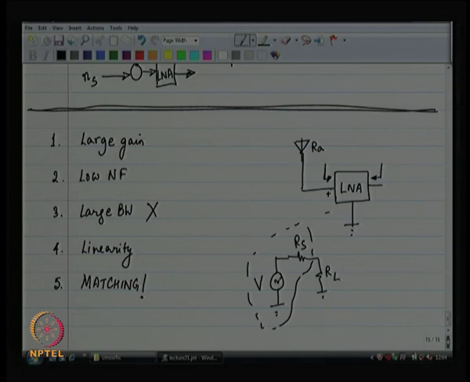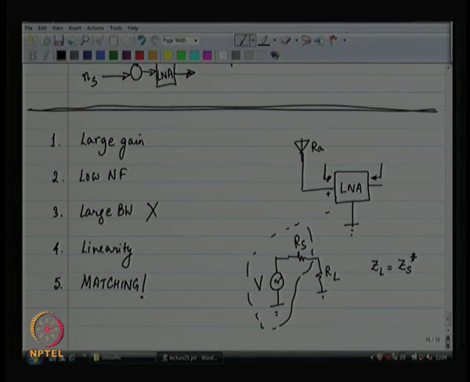So, the maximum power transfer theorem was that if RL is equal to RS conjugate, in the general case, then I am going to get maximum power transfer. All right, and maximum gain as a result.